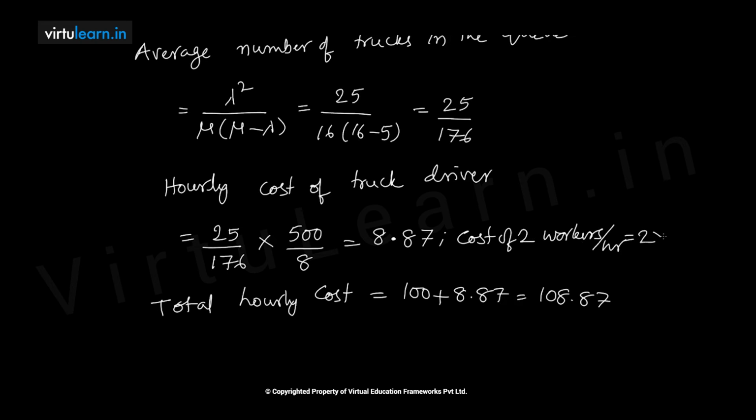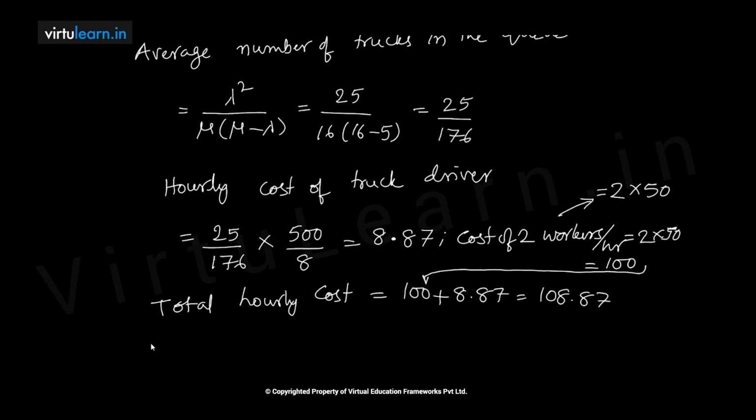The cost of 2 workers per hour is 2 into 50, the same 100 we have taken there. So this 100 plus 8.87 will give us 108.87. When we look at this, we find the cost as well as convenience improved.